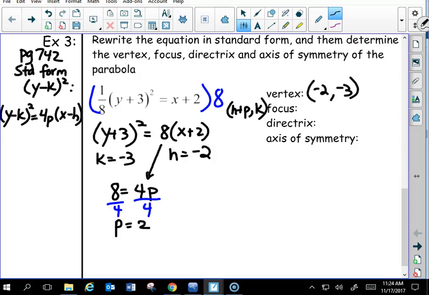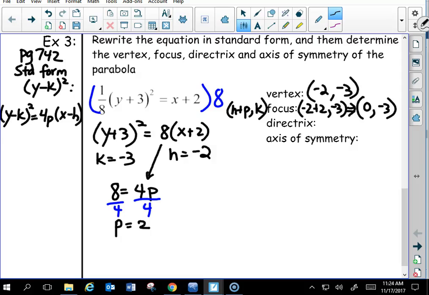So h is -2, p is 2, and k is -3. So this will turn into (0, -3).